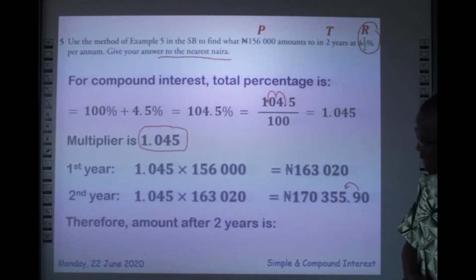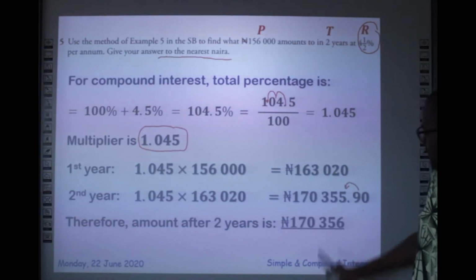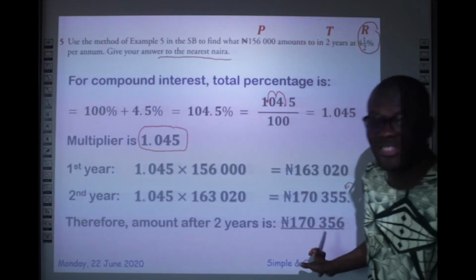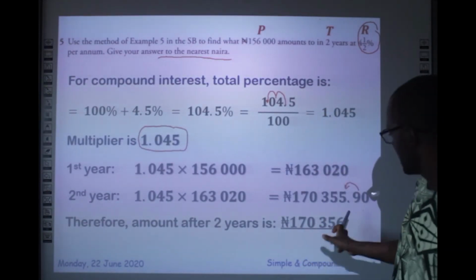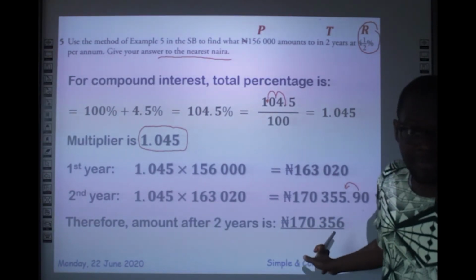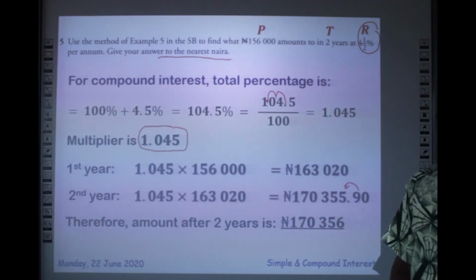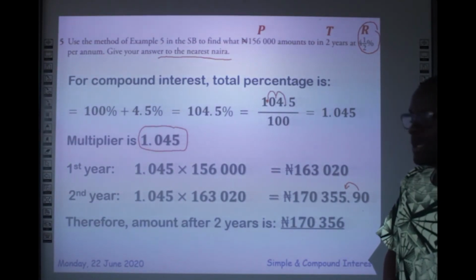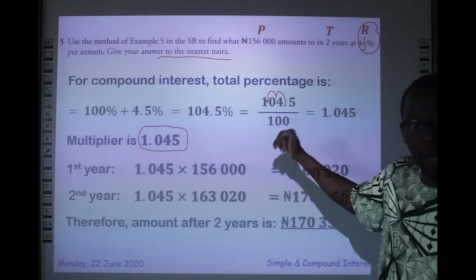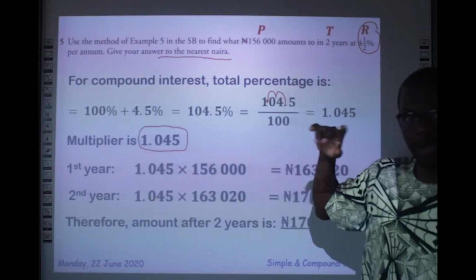And so your final answer, the amount after 2 years rounded to the nearest naira, will be 170,000 naira, I should say, 170,356 naira, okay? And that is your answer. So again, you can see clearly the steps you follow when you are answering questions with regards to compound interest.